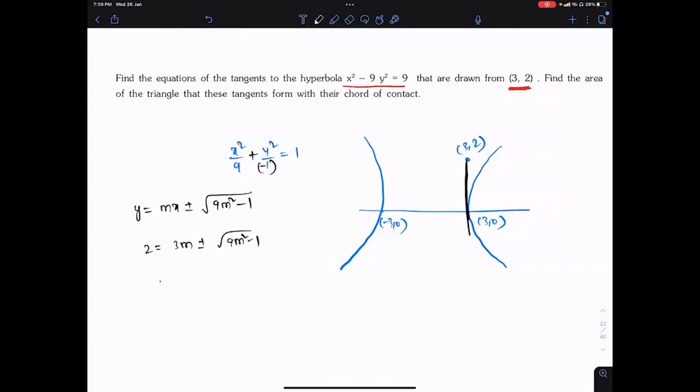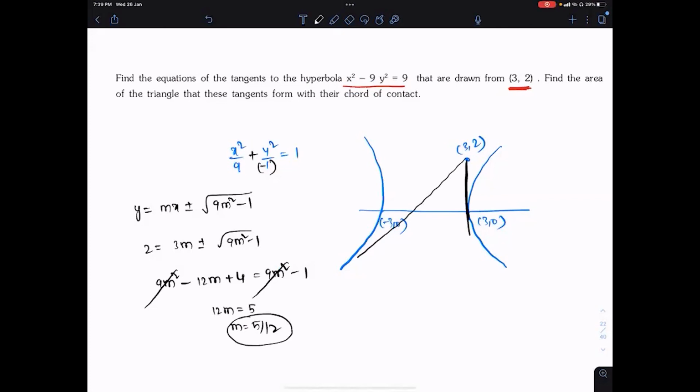Simplify: 9m square minus 12m plus 4 is equals to 9m square minus 1. One slope is undefined; that's why we are getting only one root. 12m is equals to 5. m is equals to how much? 5 by 12. So the other tangent slope will be 5 by 12.